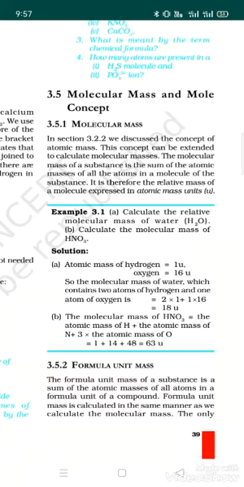Molecules are made up of different atoms. So first of all we have to calculate the atomic mass of the atoms. Then we can add these atomic masses. This is known as the molecular mass.